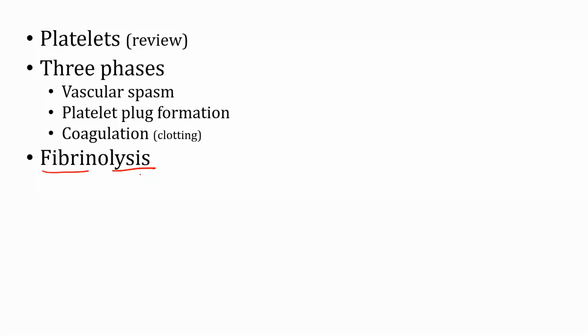And how this works is essentially there's a protein which is called plasmin. Plasmin is made from a substance called plasminogen, same as kind of fibrinogen. Plasminogen, which is inactive, gets converted to the active form known as plasmin.